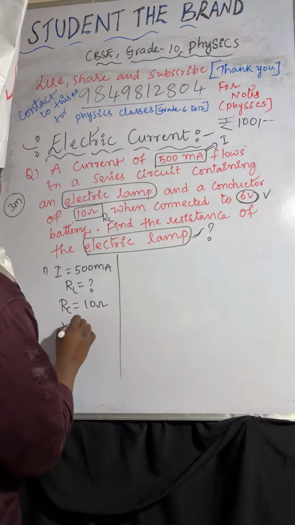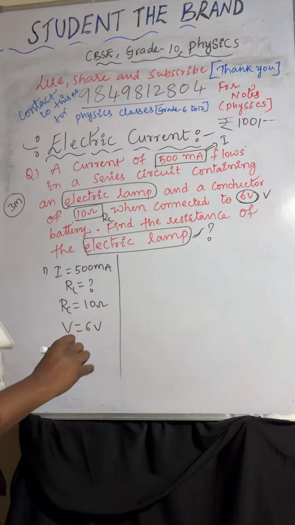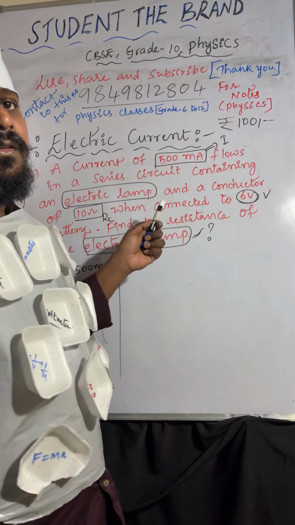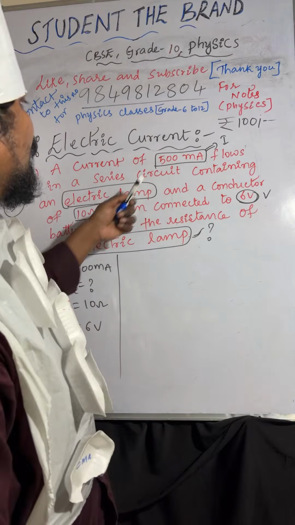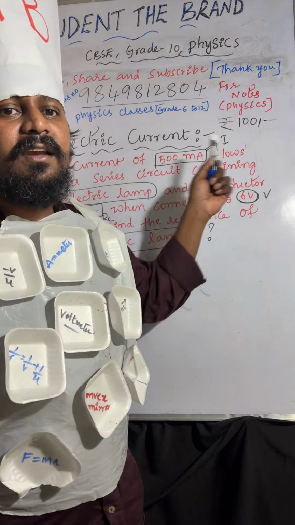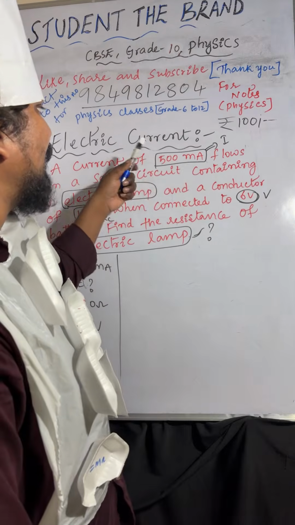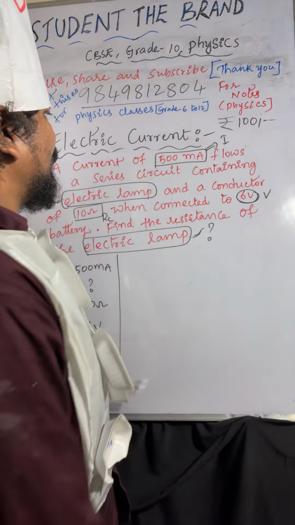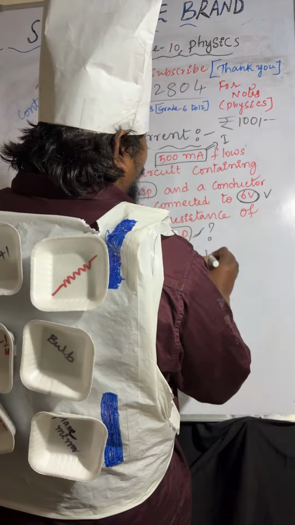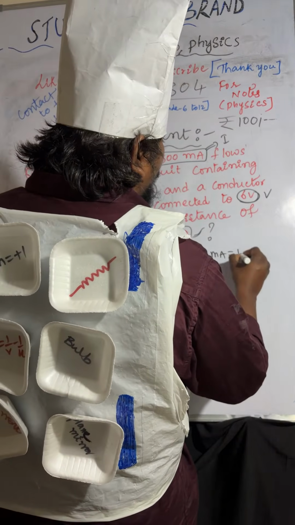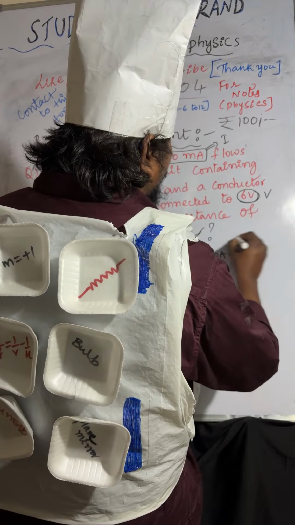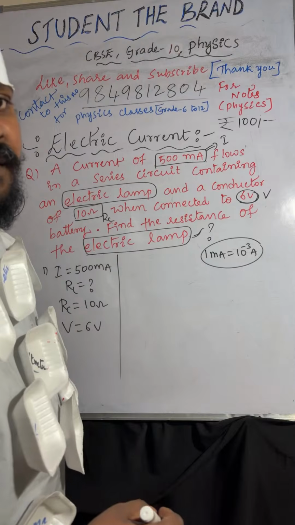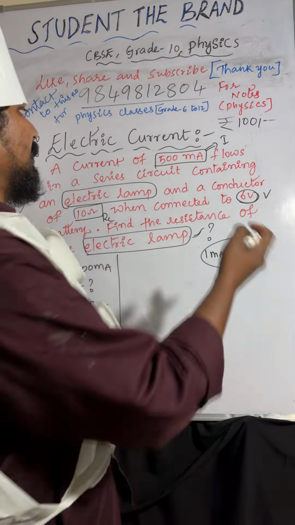And potential difference is given 6 volts. So whenever they give this type of questions, you must identify the units, whether they are in SI system or not. Here milliampere is given. 1 milliampere equal to 10 power minus 3 ampere. Then 500 into 10 power minus 3, how to write?